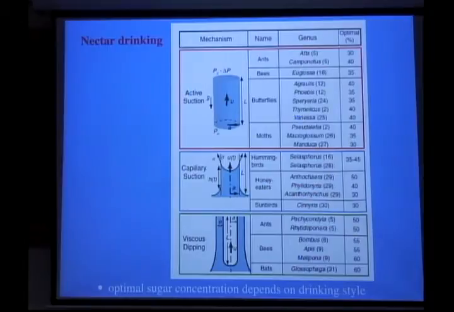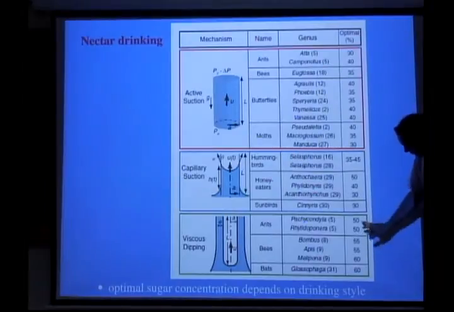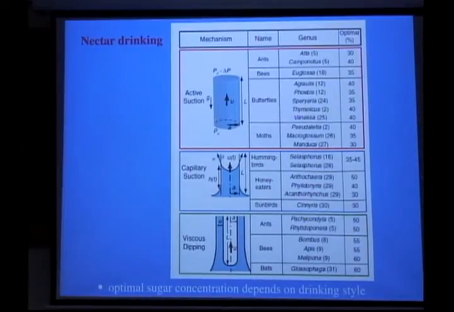What they find is that for these three different techniques, there are three different answers. For active suction, it's around 35%. It's actually 35-40%. The same is about true for capillary suction. But for viscous dipping, it's higher. So the optimal concentration for creatures that use viscous dipping is higher than for those which use suction.